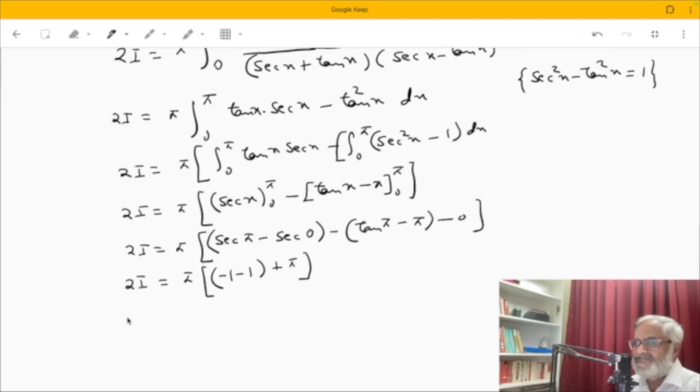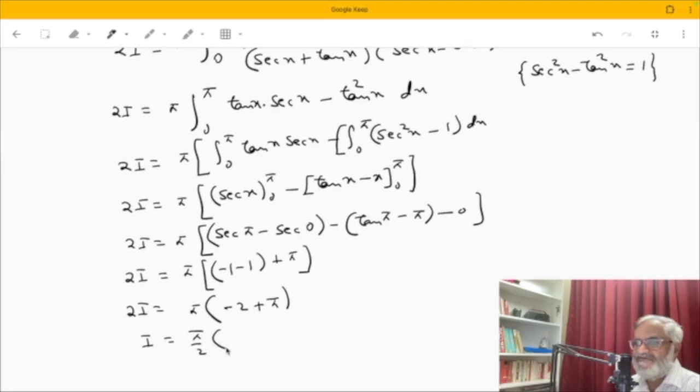So twice I equals pi into minus 2 plus pi. So I equals, dividing by 2, pi by 2 into pi minus 2. Answer.